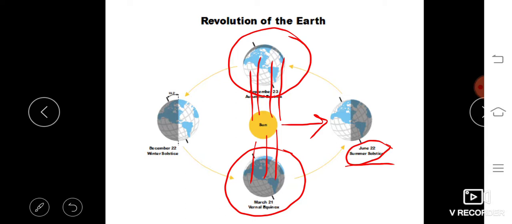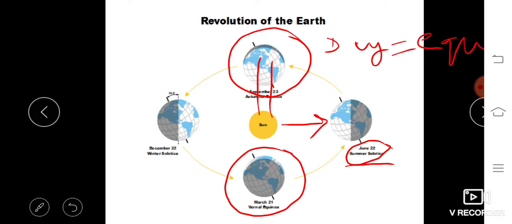This position of earth is called equinox. On this day, the duration of day and night is equal in both hemispheres, on both days, September 23rd and March 21st.